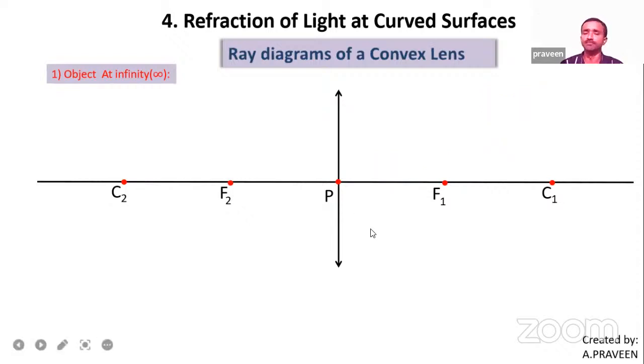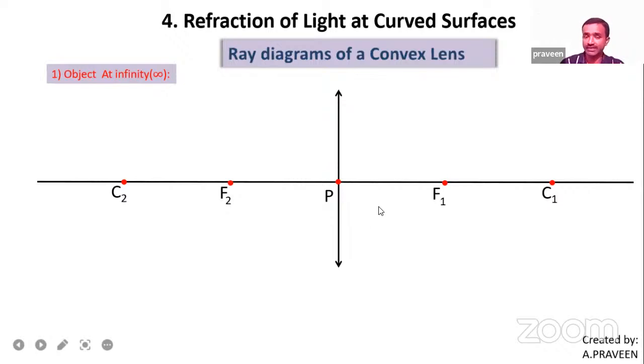Then next, here we are going to place the object. But in the case of infinity, as we learned in the reflection chapter, when an object is placed very far from the lens or the mirror, we will get parallel light rays. So in this case, the object is said to be at infinity.